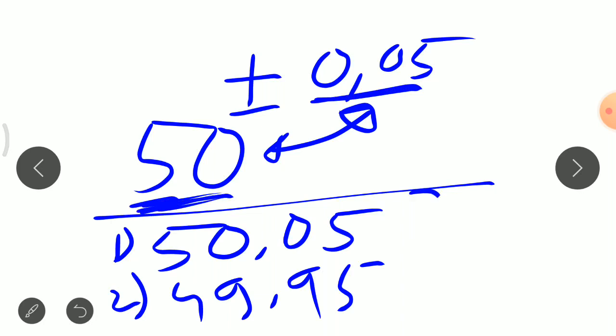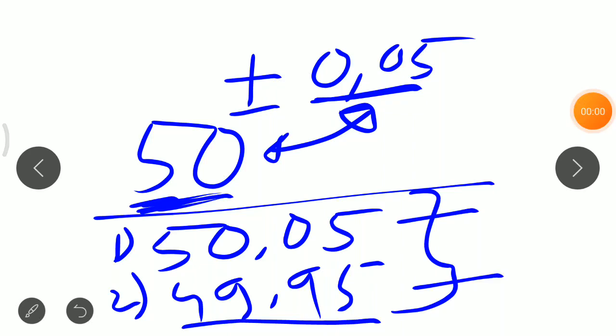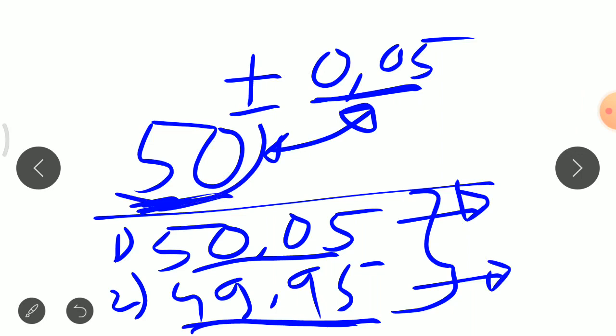Now we have two values, 50.05 and 49.95. And what does it mean? It indicates to the manufacturer that he or she can manufacture the item from 50.05 mm to 49.95 mm, in which we have the 50 mm also.